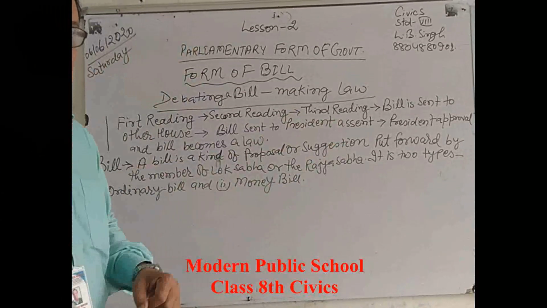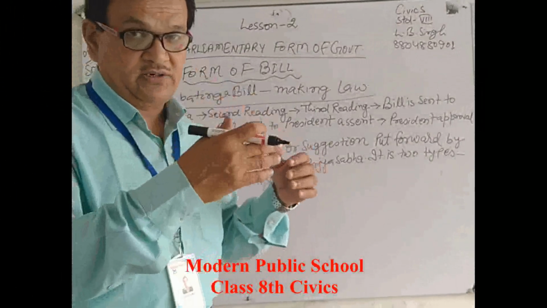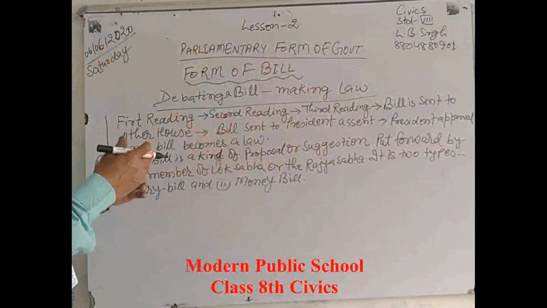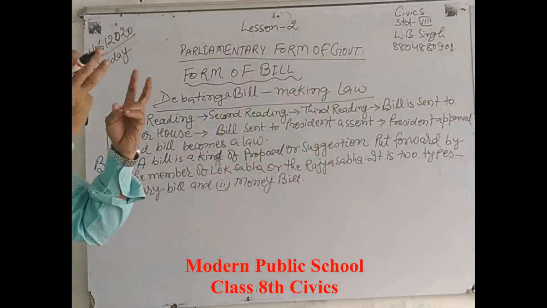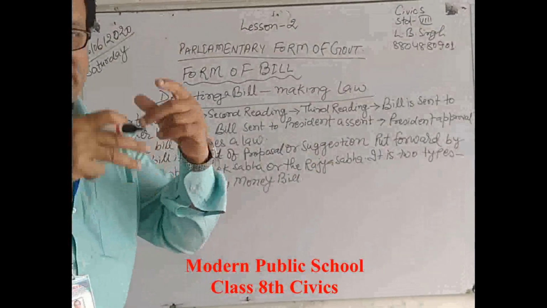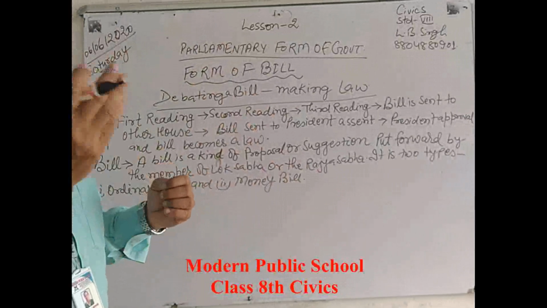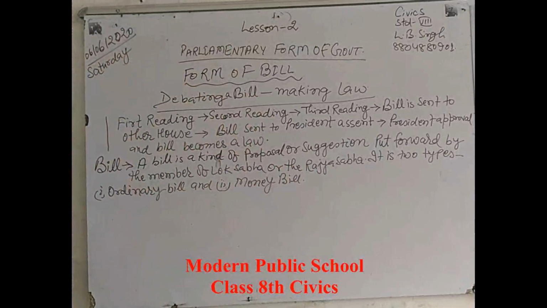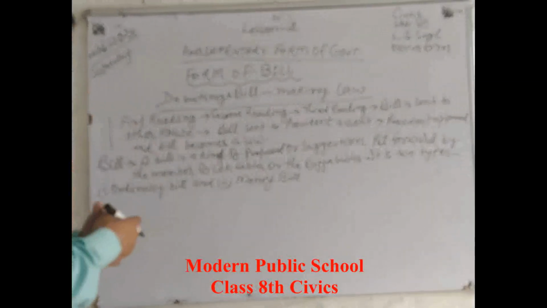I have told you, a bill is put up before the house by a member of Lok Sabha or a member of Rajya Sabha. And this bill is of two types: one is the ordinary bill and the other is the money bill. An ordinary bill is passed by a simple majority.